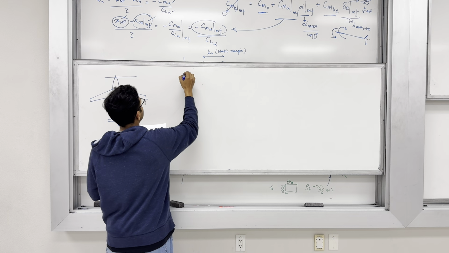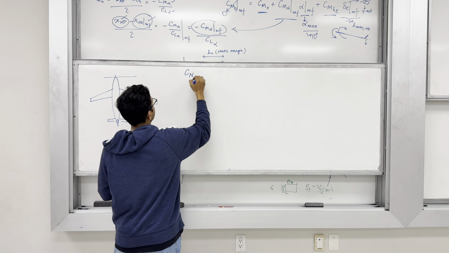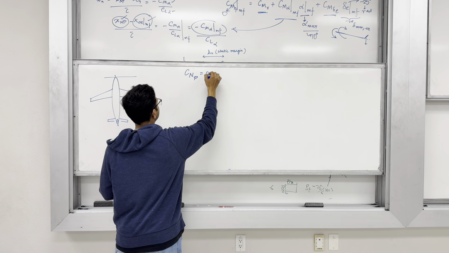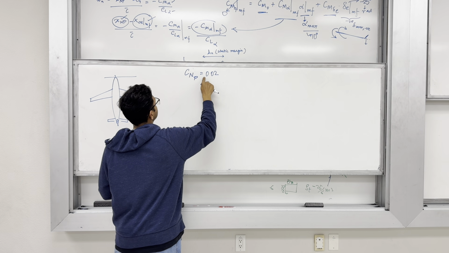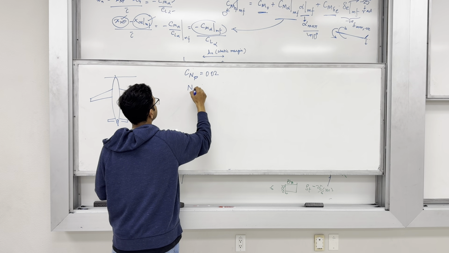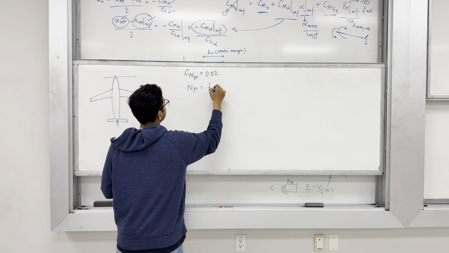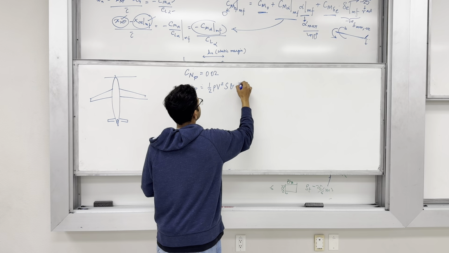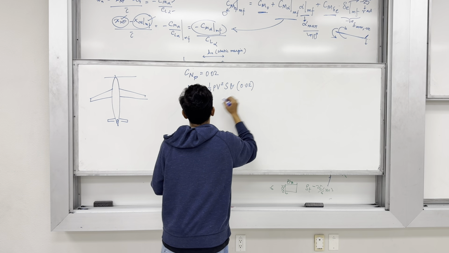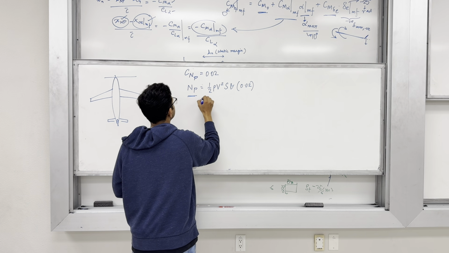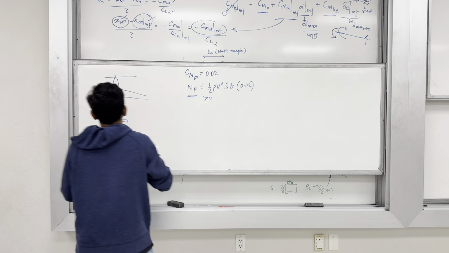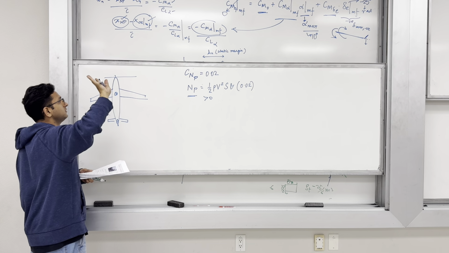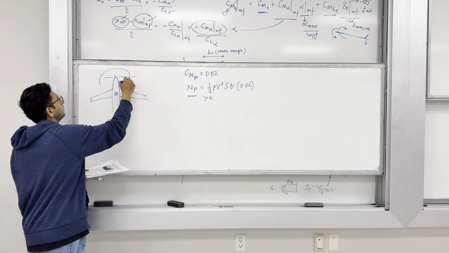It is given to us that C n due to the thrust, or due to the propeller, is 0.02, which is positive, which means that the thrust due to the propeller would be half rho v square S b times 0.02, which means that N p is positive. So, z axis goes into the aircraft, which means this direction is N p.